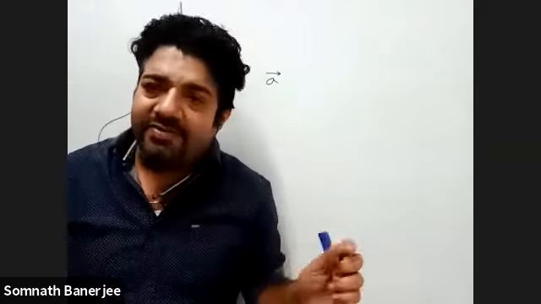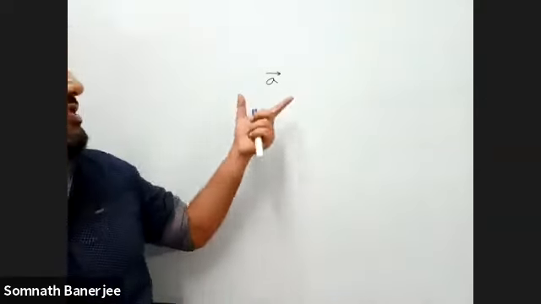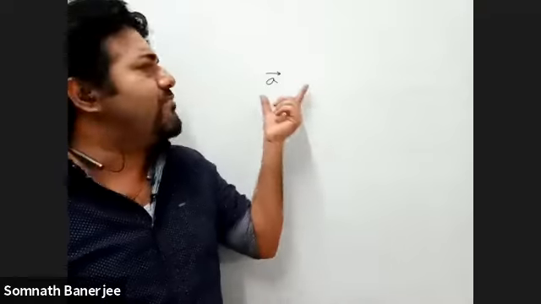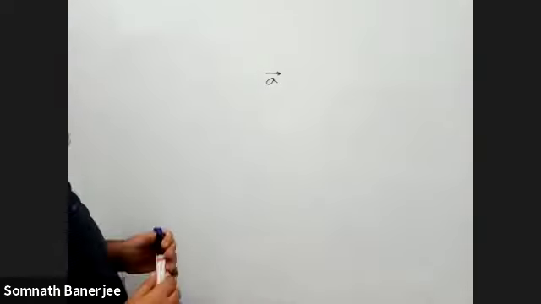You can write A, B, C, D, whatever you want, on the basis of the relation: for force we generally write F, for electric field E, for velocity V. Any symbol you can use.